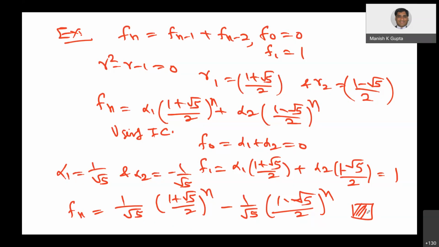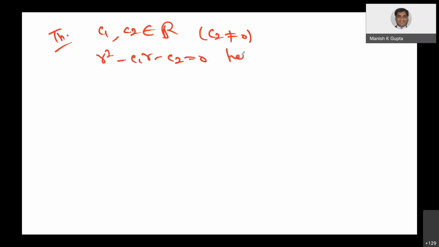But what if roots are having repetitions? Let me give you that theorem. If the roots have repetitions, I'll focus on degree 2 only. So the next theorem is, suppose c1 and c2 are real constants, and it is given that c2 is not equal to 0. And suppose the equation r square minus c1 r minus c2 is equal to 0 has only one root, r naught.